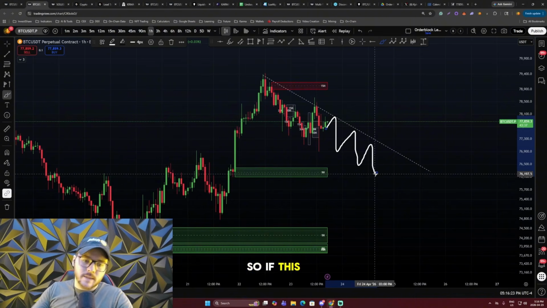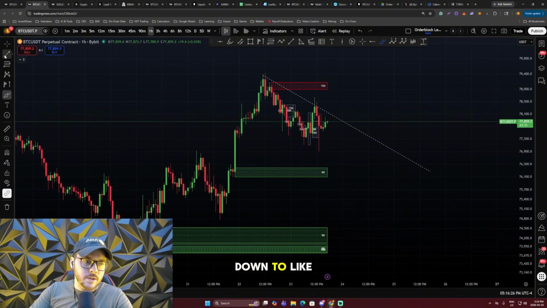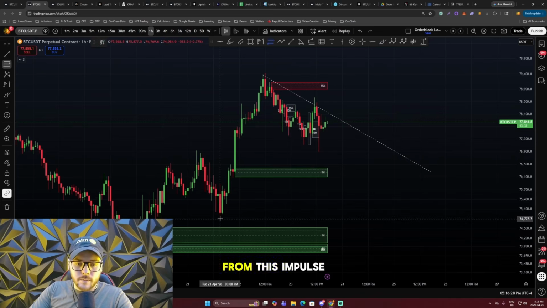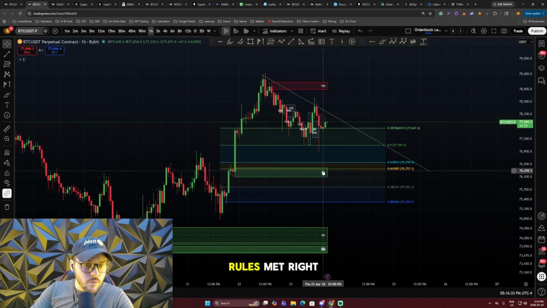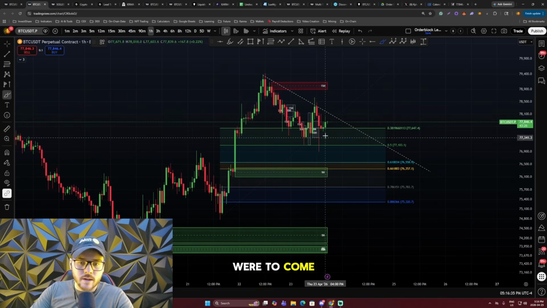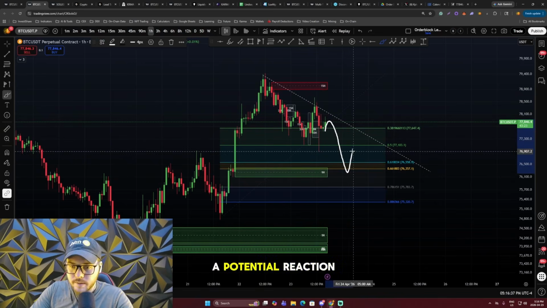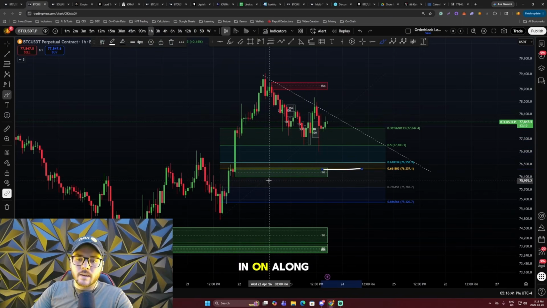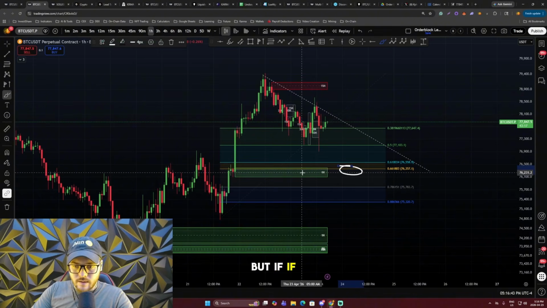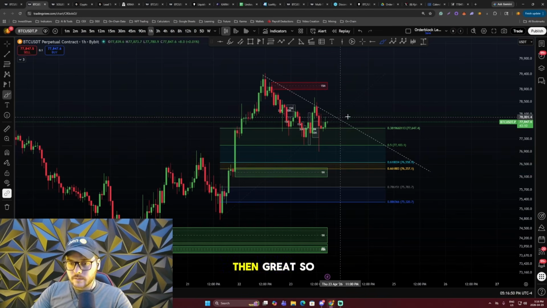So if this maybe was coming down to like a golden pocket from this impulse move, right? We can see that's like 2 rules met right there. If price action were to come down to this area, we can expect a potential reaction off here, right? It doesn't mean just ape in on a long, but if this is the only 2 rules you need for your strategy and it works for you, make sure you backtest that, then great.